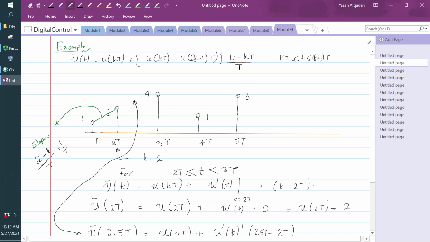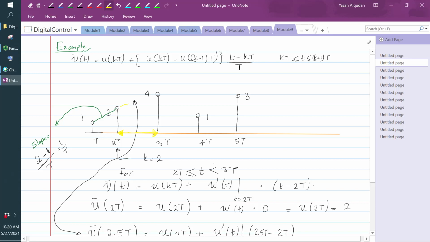So again, this is the equation that we're trying to implement in order to produce the analog signal from this digital sequence that we have. So in this calculation, I'm going to try to estimate the signal between 2T and 3T. So during this time period here, I have all these samples.